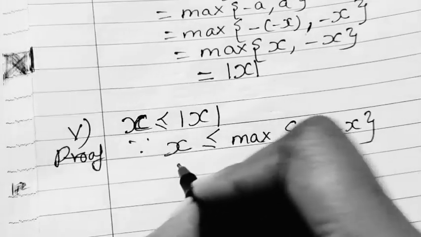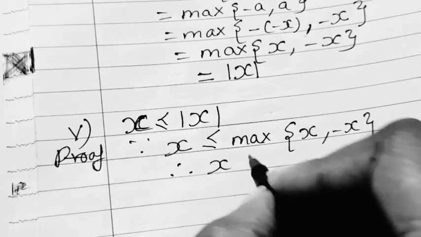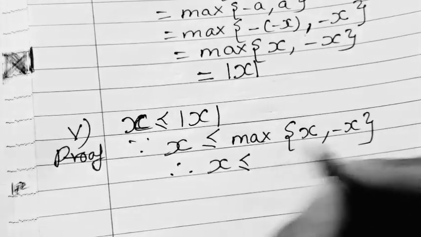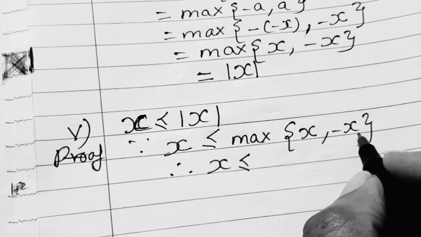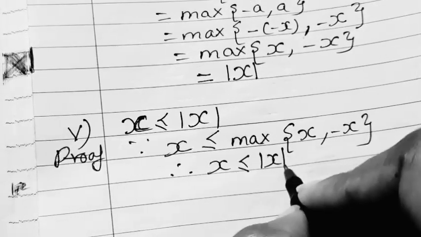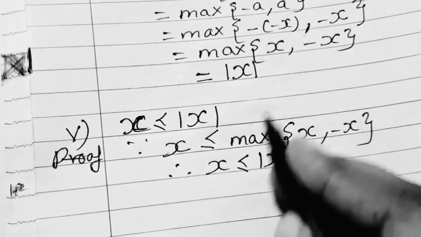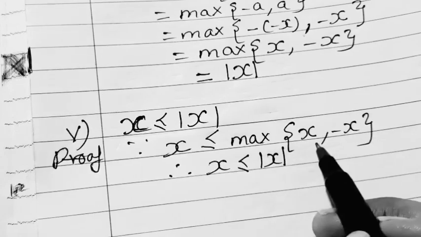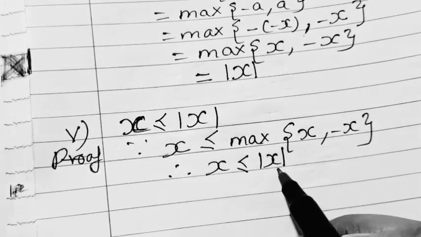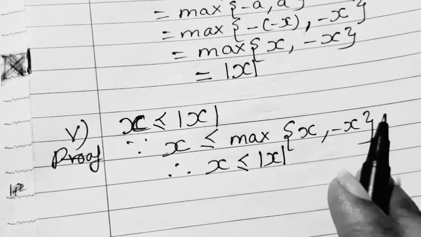So therefore I can directly write down that x is less than or equal to, now what is the maximum of x comma minus x over here? It is nothing but modulus of x, because I have already proved this result. The maximum of x comma minus x is equal to modulus of x. This result I have already proved.